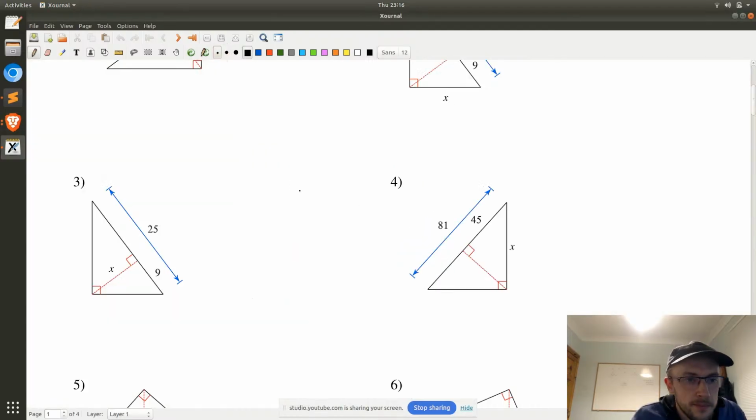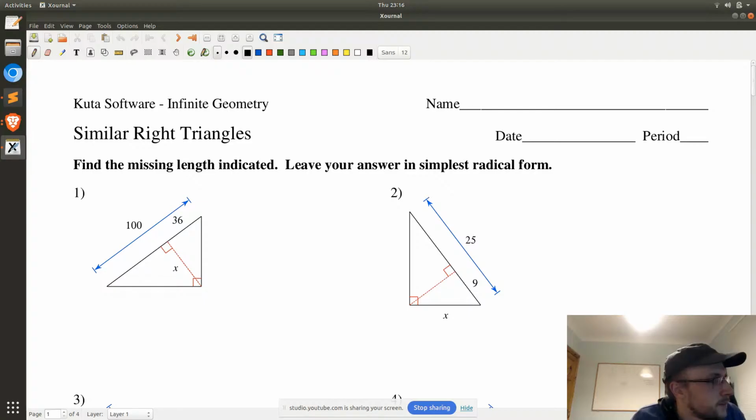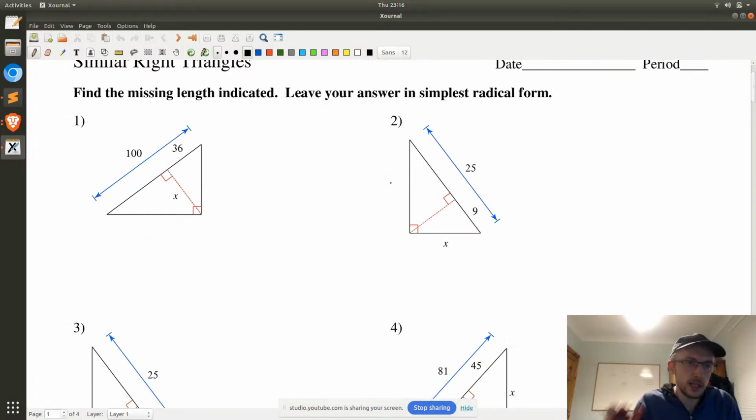And now similar right triangles, huh? Oh. Hmm. Hmm. Mm-hmm. So what?